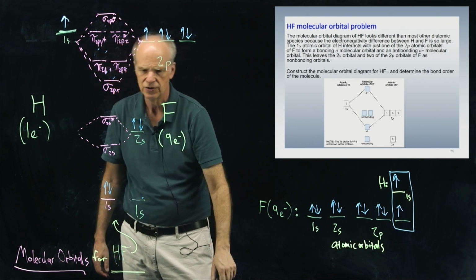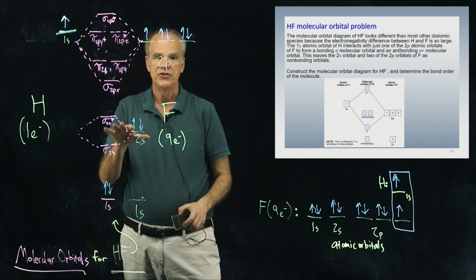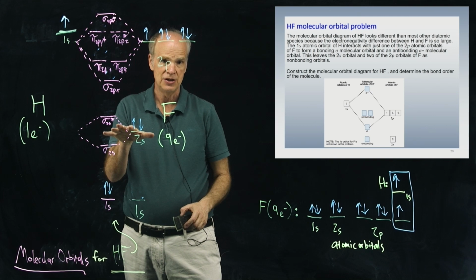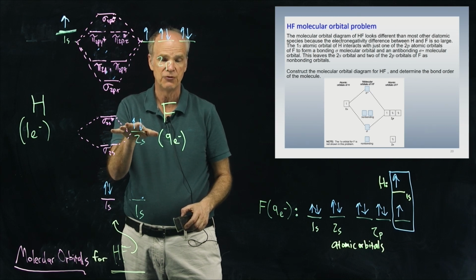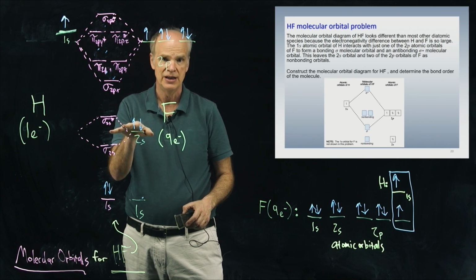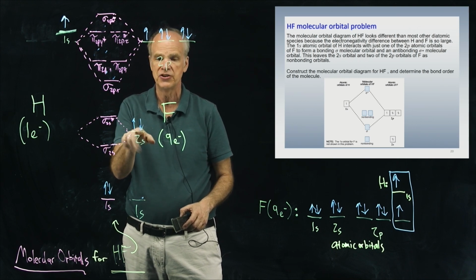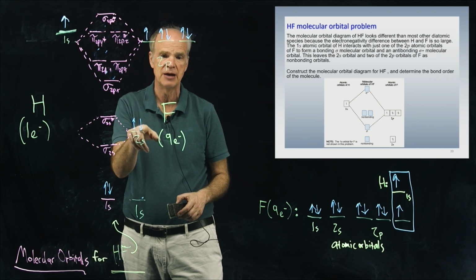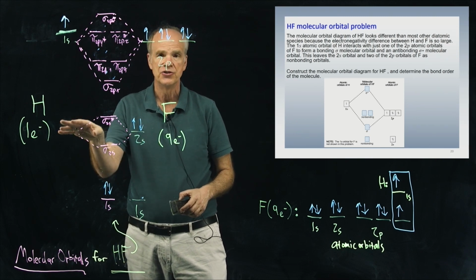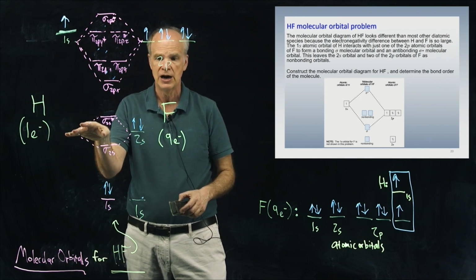Okay, similar deal here with the molecular orbitals that might form from hydrogen and fluorine in the second energy level. There aren't any that formed. The reason is that although there is a 2s atomic orbital for fluorine, there is no 2s orbital for hydrogen.